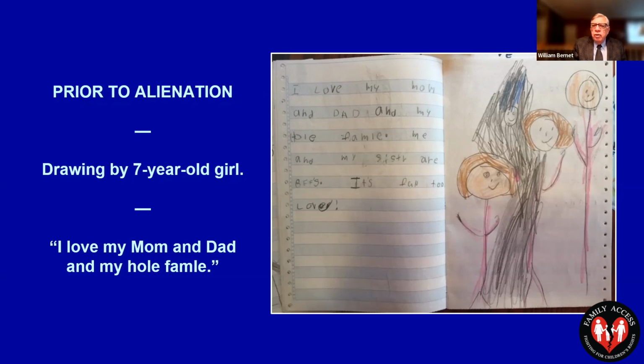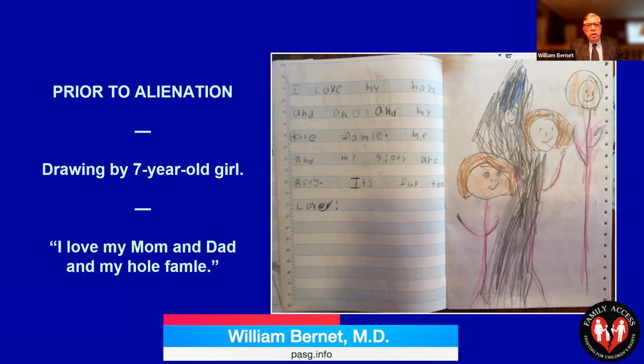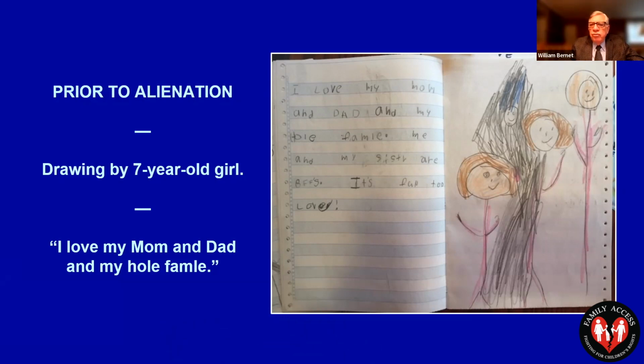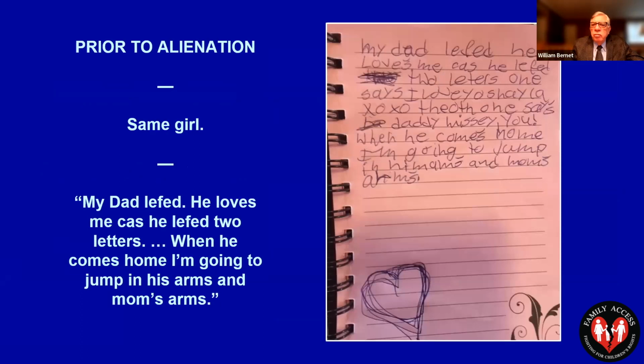Incidentally, this is in a little notebook that she had, a collection of drawings that she had saved. Actually, this looks like it's on computer paper that's been made into a little notebook. And here's another message from the notebook. So let's read this, but it seems to be a happy message involving her dad.